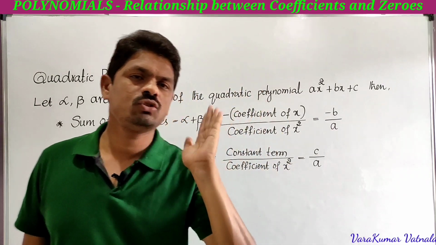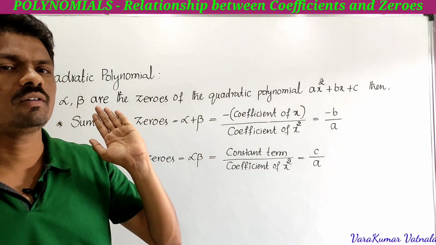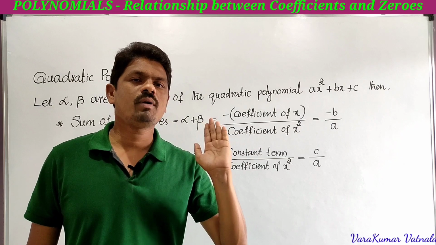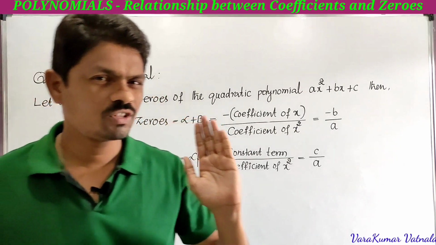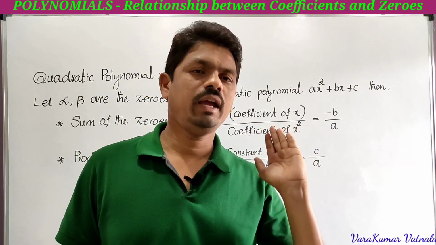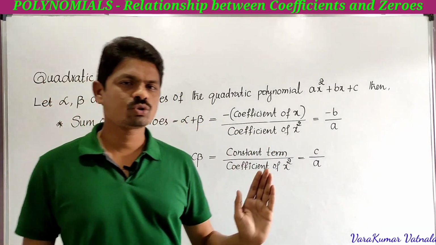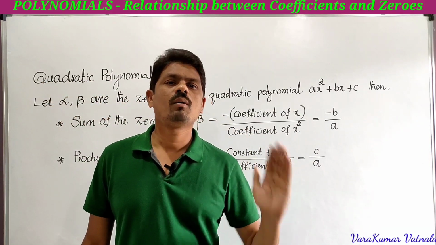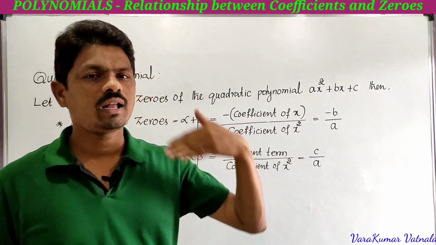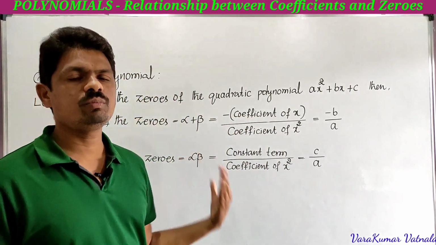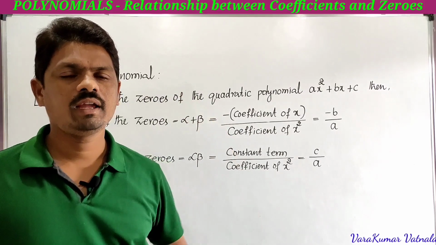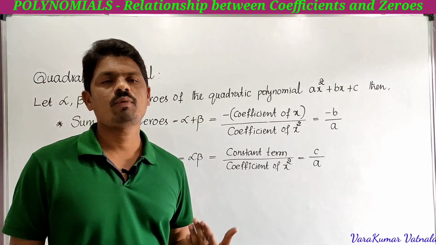So these two things you have to remember. See here once again, let alpha, beta be the two zeros of the quadratic polynomial ax square plus bx plus c. Then the sum of the zeros, alpha plus beta, equals minus b by a. The product of the zeros, alpha into beta, equals c by a. So these two things you have to remember.